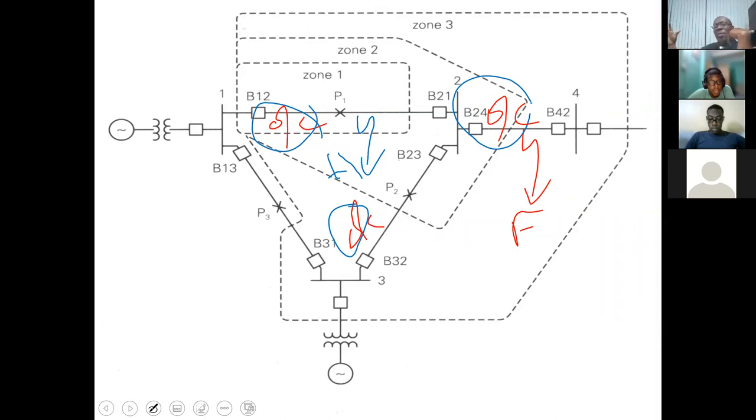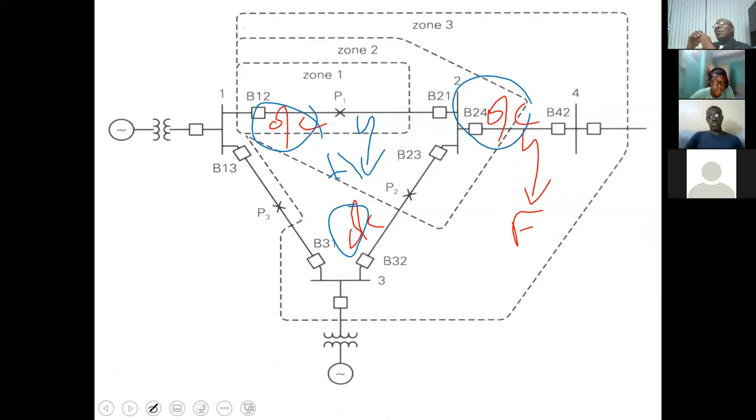Are you getting the headache here? Because you have to figure out now, when the fault is on 1 to 2, what current will 2 to 4 see? What current will 3 to 4 see, or 3 to 2 see? That's what we refer to as coordination, right?